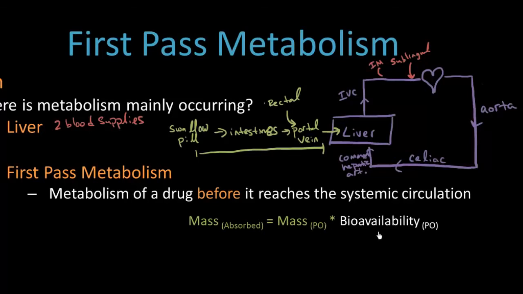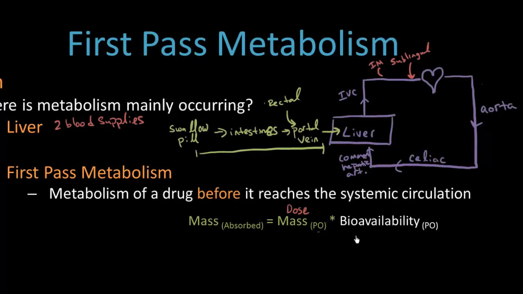So bioavailability was the fraction of drug given that reaches the systemic circulation. And so when I say absorbed here, I really am referring to absorbed into the systemic circulation. So if I give a certain drug by mouth at a certain dose, right? Remember, drugs are given in milligrams, which is a mass, and PO is per os, or by mouth.